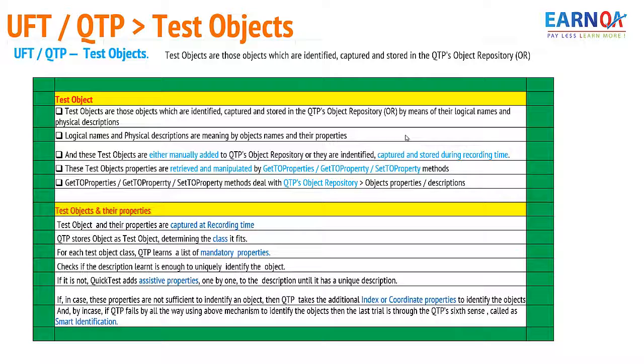At this point, our aim is to know what an object is, what object types we have, what a test object is, what a runtime object is, and how we differentiate them.